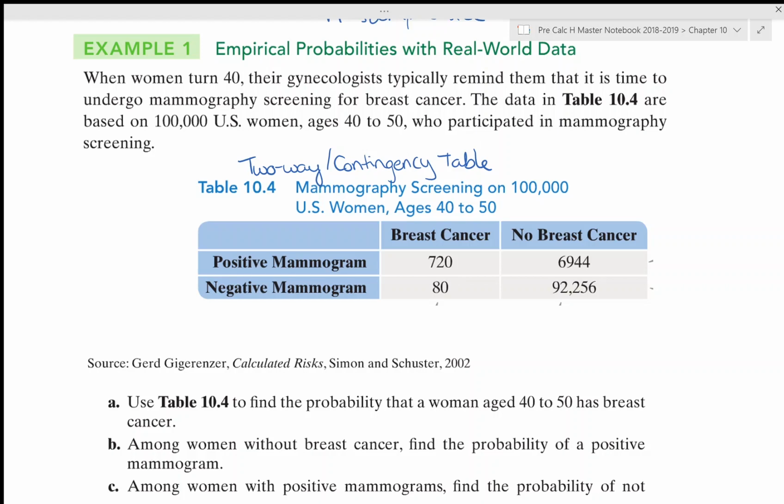When women turn 40, their gynecologists typically remind them that it is time to undergo a mammogram screening for breast cancer. The data in the table are based on 100,000 U.S. women ages 40 to 50 who participated in the mammogram screening. The reason it's called a two-way table is because we are comparing these people based on two different variables.